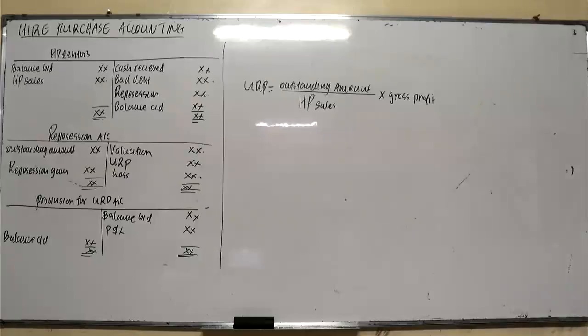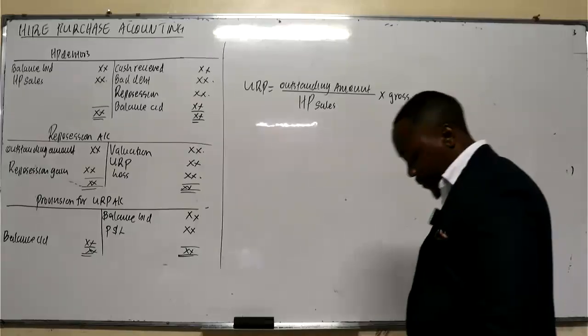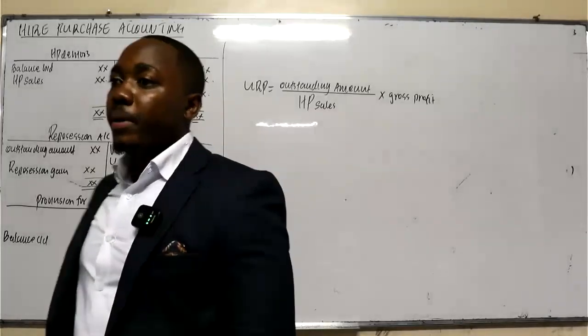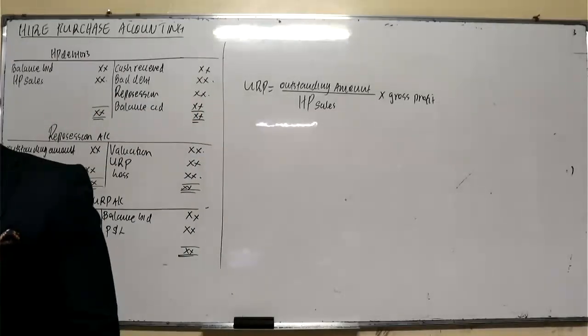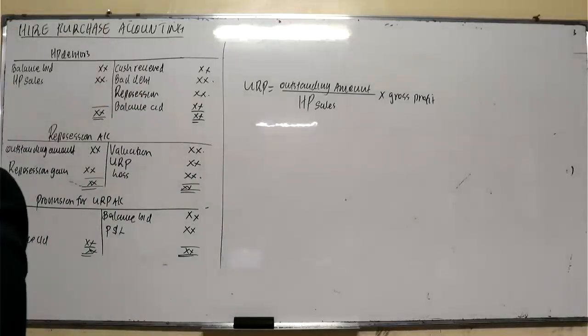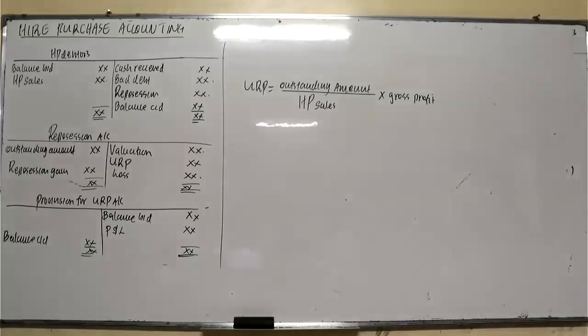NB. For URP, the unrealized profit, we determine both on outstanding debtors and on repossession.